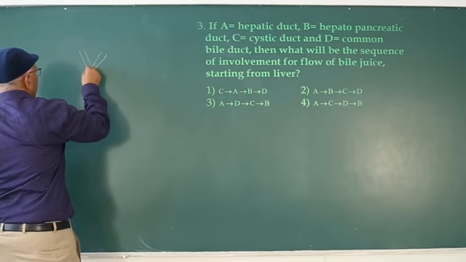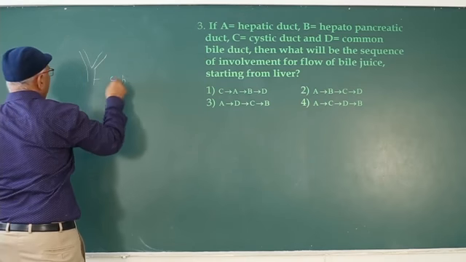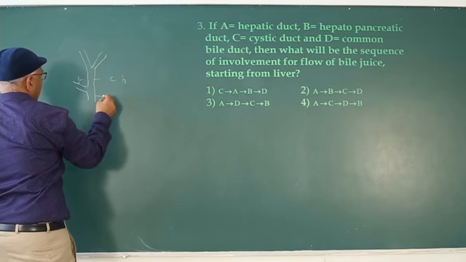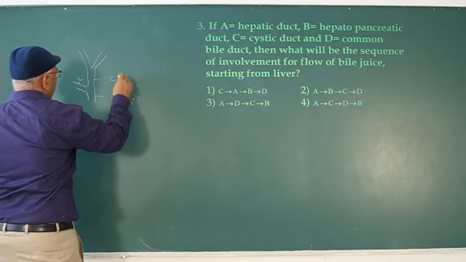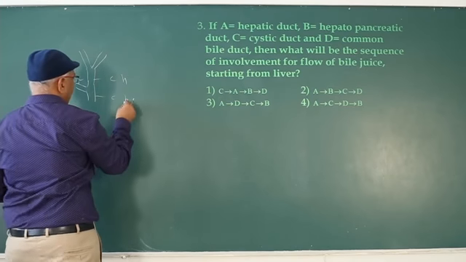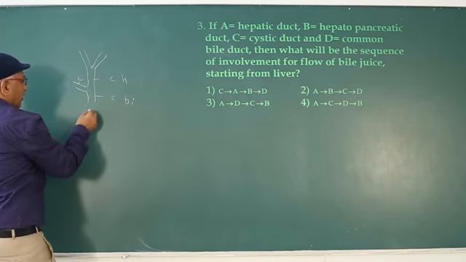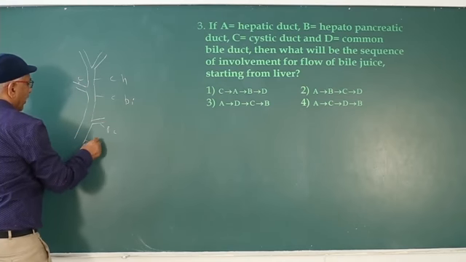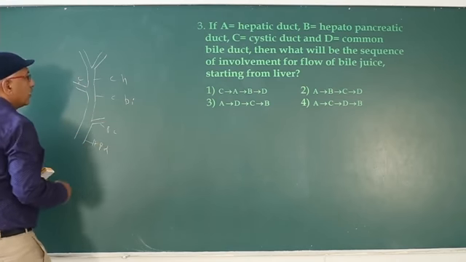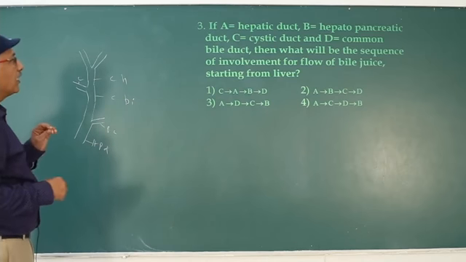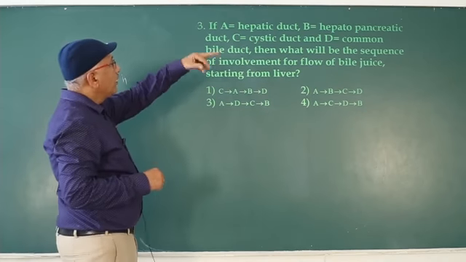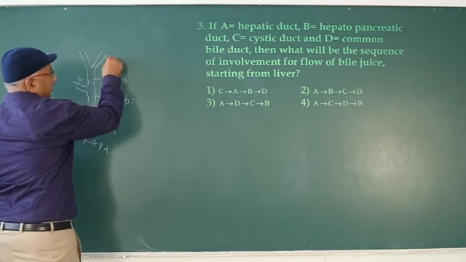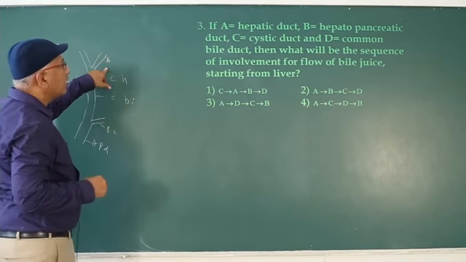Hepatic ducts unite to form common hepatic duct, then cystic duct, now common bile duct, then pancreatic duct, now hepatopancreatic duct. So first one is A, hepatic duct.